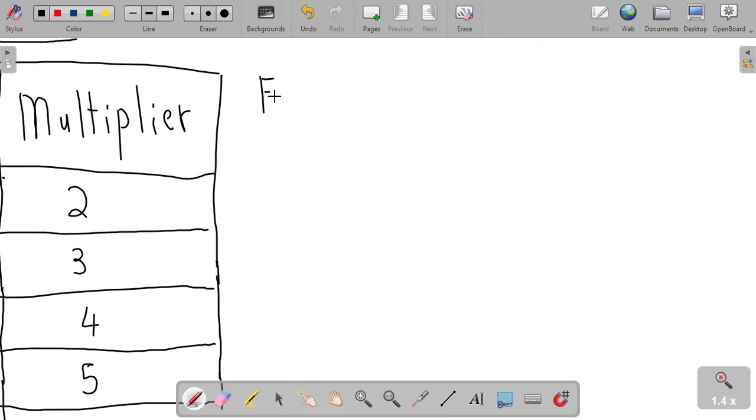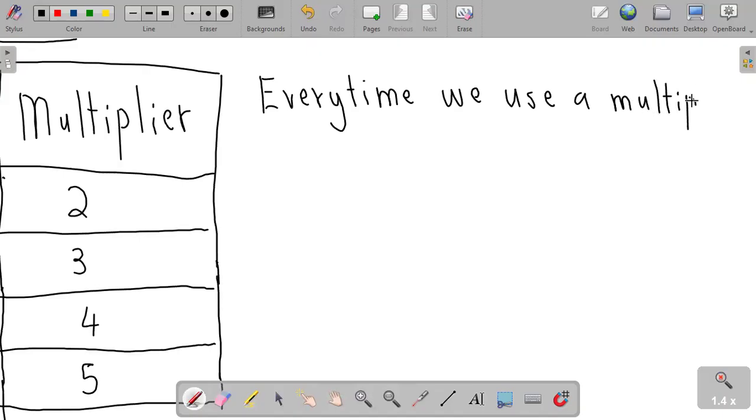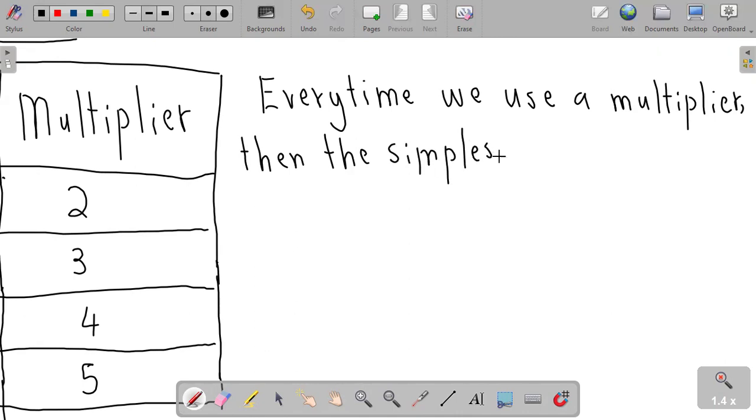Every time we use a multiplier, then the simplest ratio will be outside the table.